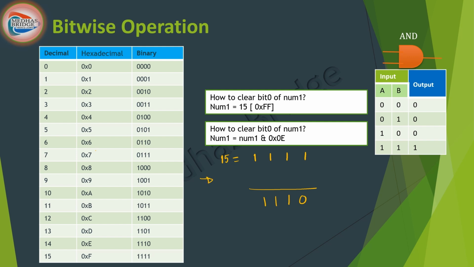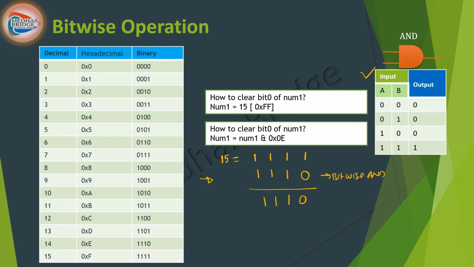In order to clear this bit, all I have to do is multiply with 0, right? I don't want to touch these other bits. So I have to choose 1 1 1 and 0, and then a bitwise AND operation. If I put a bitwise AND, now you see 1 and 0 becomes 0, 1 1 means 1, 1 1 means 1. This is the truth table again. Clear?